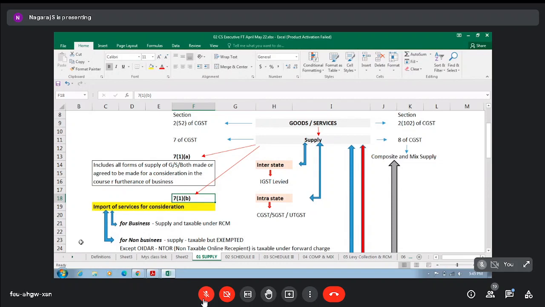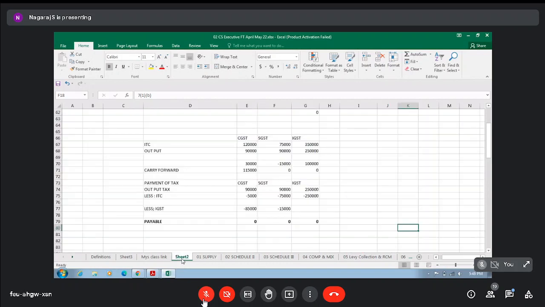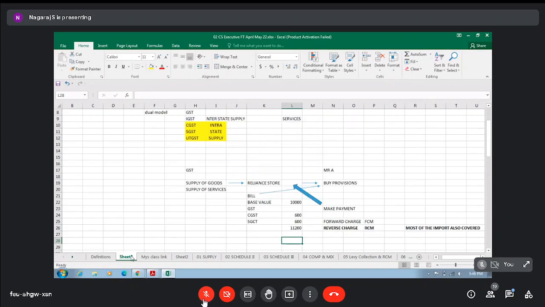RCM in the sense that the person who is making the payment to the person who is supplying, before making the payment, he has to deduct, or if it is separately charged, they will have to pay this GST amount to the government, not the supplier of the service or goods in case of import.